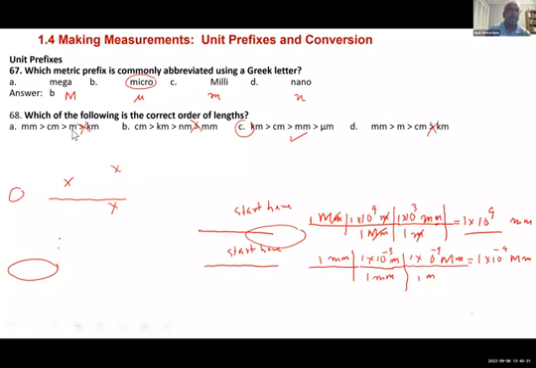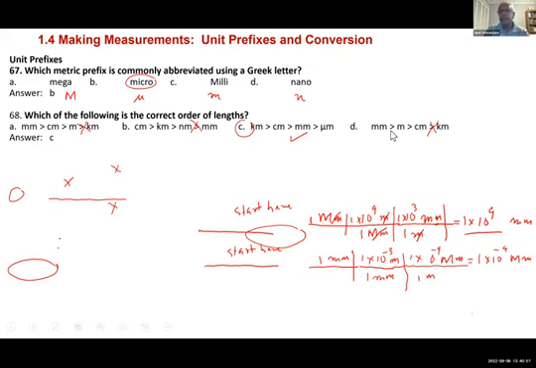Meter is greater than kilometer, that's wrong. This is wrong too. Kilometer is greater than centimeter, that's correct. Millimeter is smaller than centimeter. Micrometer is the lowest. This is how I got the correct answer. See, you check each one.